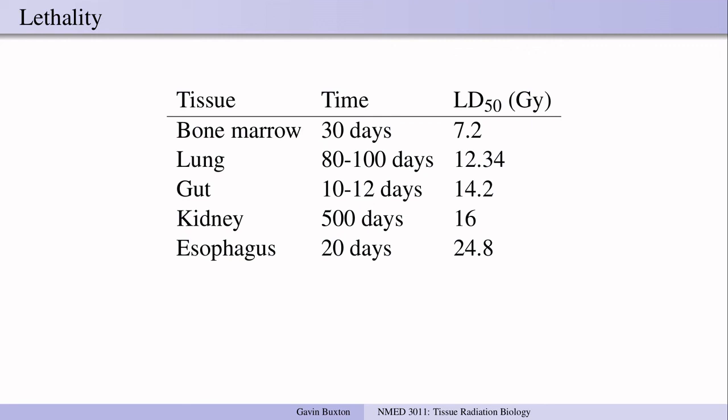So here's a table that shows both the time it takes for the different tissues to die and the LD50, the dose it takes for 50% of the animals to die for different tissues. And so we can see that some parts of the body might be more resistant to radiation than others, but also the time at which it presents itself changes too.